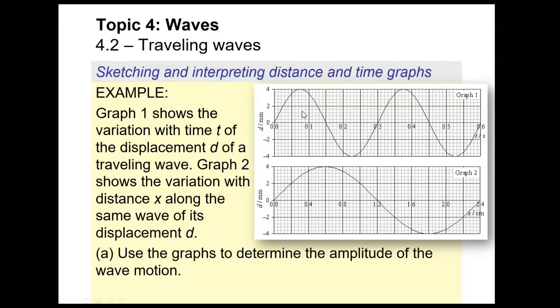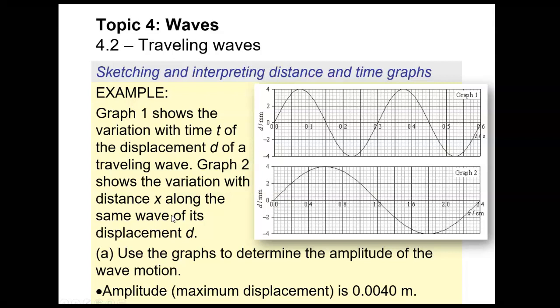Looking at this graph, we can see that the displacement can have any value between 4 and -4. The amplitude is just one single value that's not a function of time. So we can see pretty clearly that the amplitude here is 4. Pay attention to the units, because the y-axis label says this is measured in millimeters, so the amplitude would be 4 millimeters.